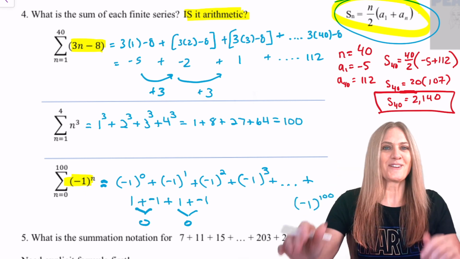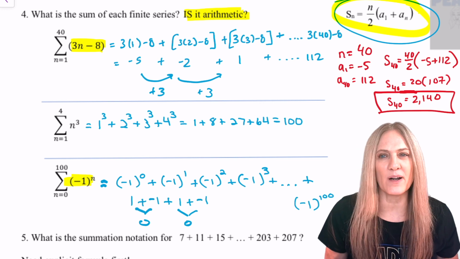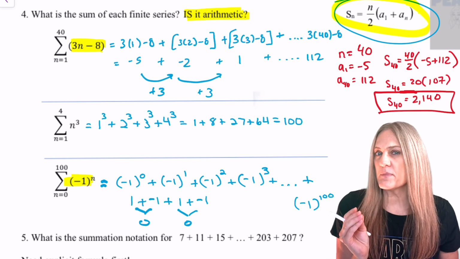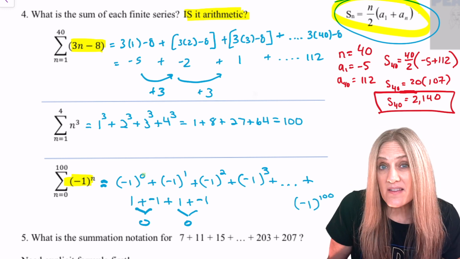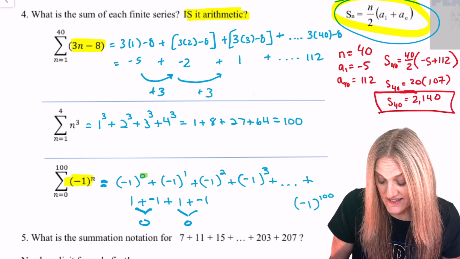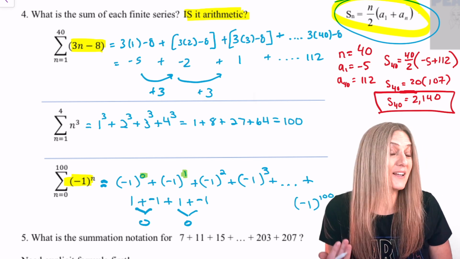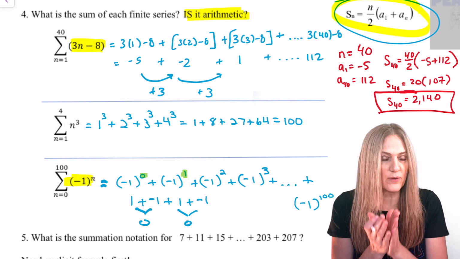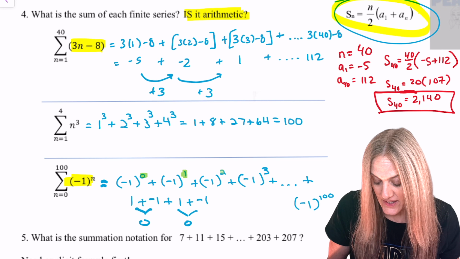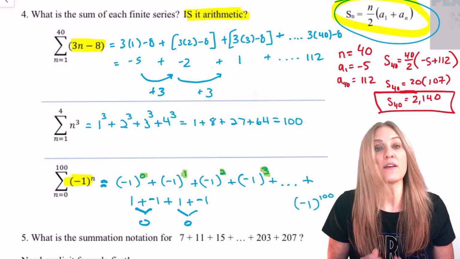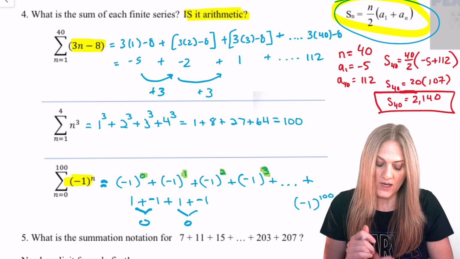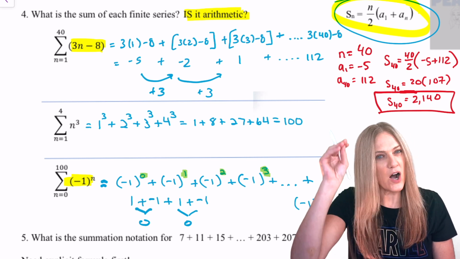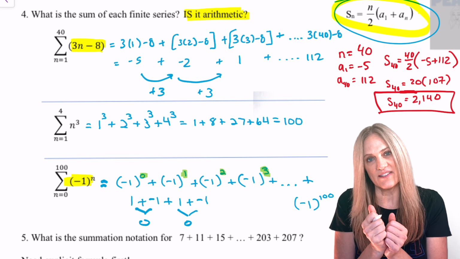Our last term is going to be -1 to the 100 power. So is that getting paired up to make a 0, or is that an extra? Let's look. I plugged in the lower limit of 0 and added it with the next term where I plugged in a 1. That made a 0. Okay, then I plug in a 2 and add it with plugging in a 3. That made a 0. So every time I had an odd exponent, it added to 0.